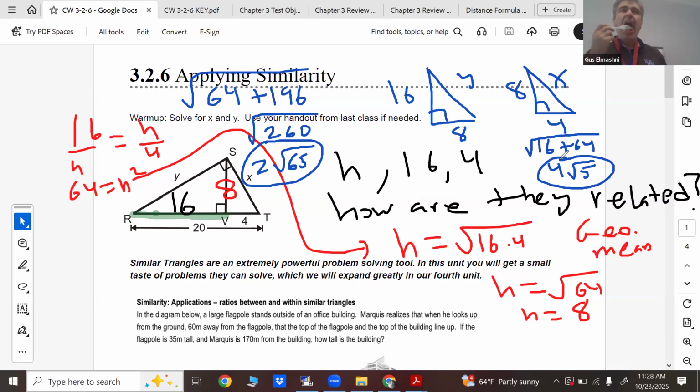You should get 260. 4 is a factor of 260, which breaks it down that way. And then the other one, I could be wrong. Oh, you know what? I made a mistake. 16 squared is not 196. I did 14 squared. I made a mistake.